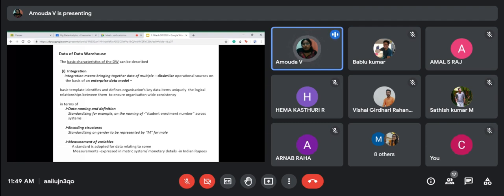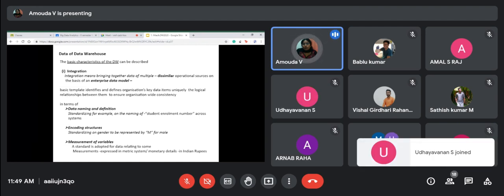Anything you mention in the database should have the same format, uniquely fixed. It should be fixed. Otherwise, accessing of the data will be very different, because I may access male, you may access M. So that's not the way to access.